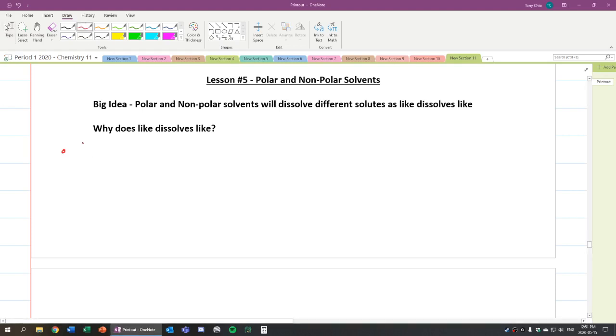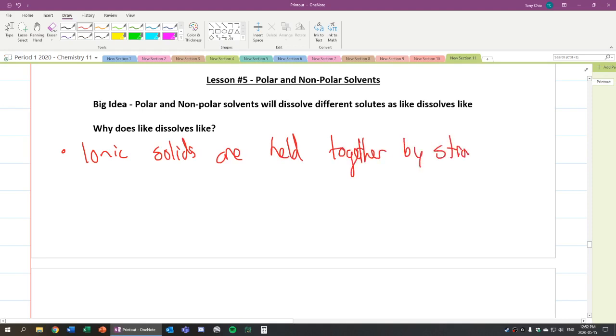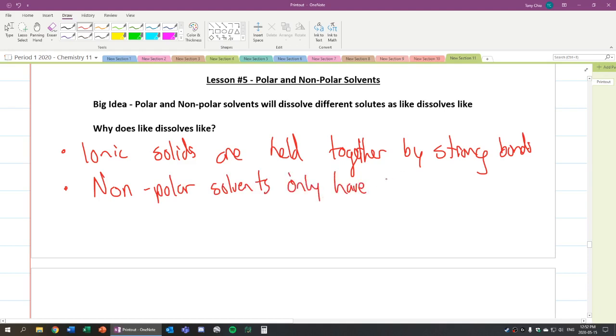Well, ionic solids are held together by strong bonds. So we know that. What we do know is also that nonpolar solvents only have London forces.